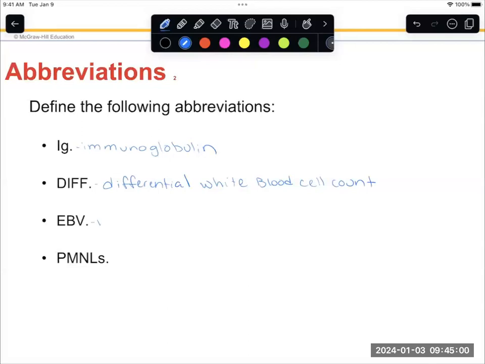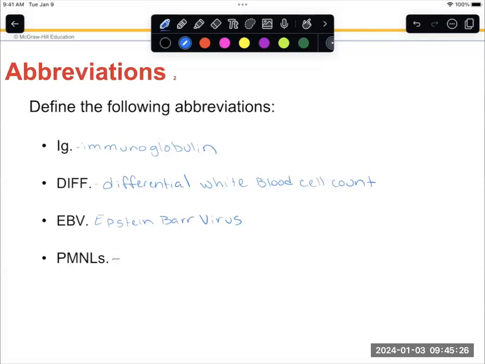EBV starts with an E: Epstein-Barr virus. This is the virus that causes mononucleosis, also known as the kissing virus, kissing disease.